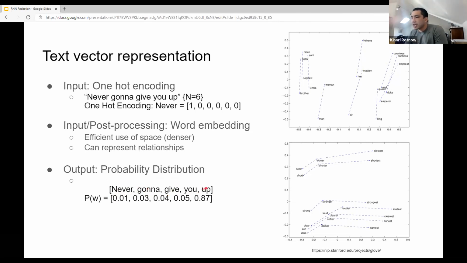So at the end of the sentence, you would want the probabilities to be weighted heavily on the last word. These words might exist after "you", but we want "up" to be the highest probability because that's the word that was supposed to be predicted there. And as you can see, this probability distribution is sort of doing that. It's just an example, obviously.